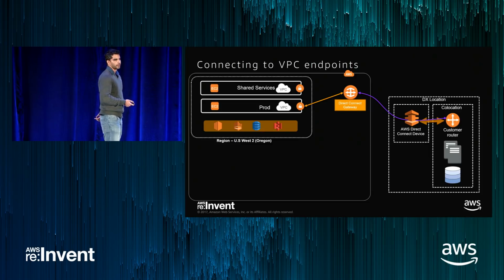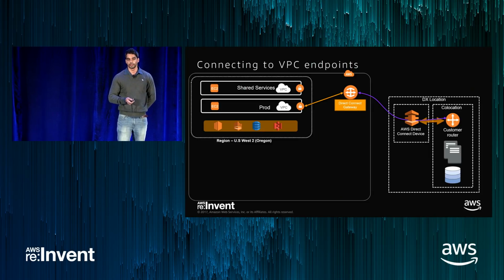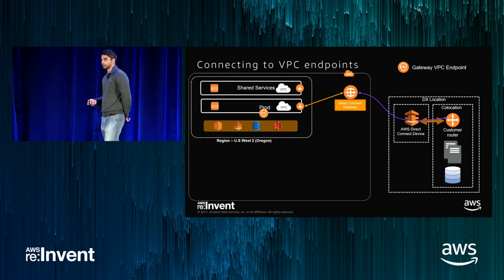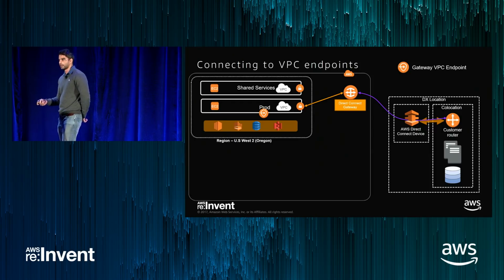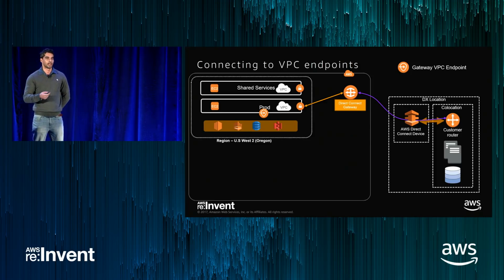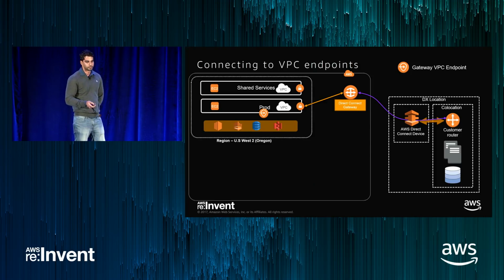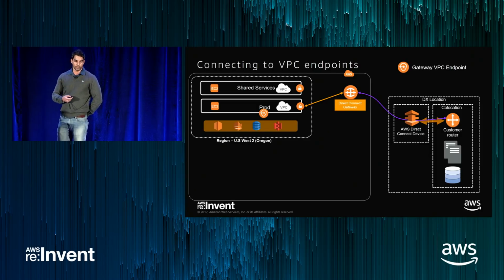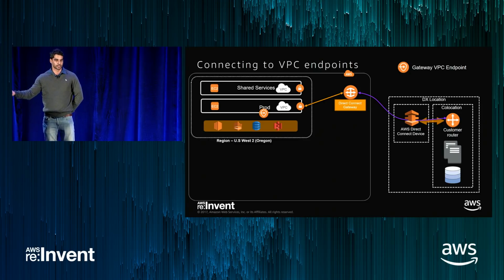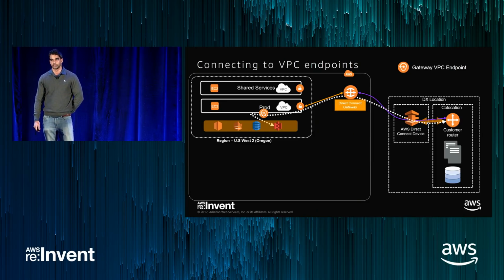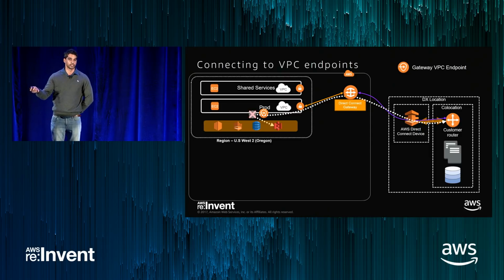Now, about 2 years back, we released VPC private endpoints. VPC private endpoints give you access to AWS resources sitting outside the VPC, like Amazon S3, and we recently added support for DynamoDB as well. That feature is now renamed as Gateway VPC Endpoint. So if you have a Gateway VPC endpoint attached to your production VPC, and you wanted to leverage Direct Connect Gateway as well as the VPC endpoint to access your resources, this again is transitive routing and is not supported.